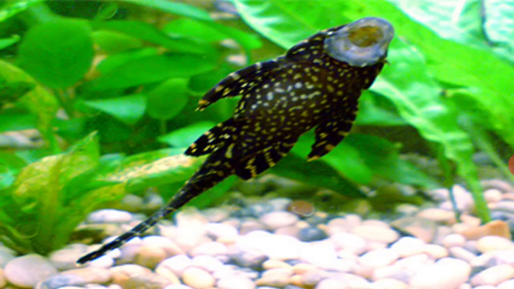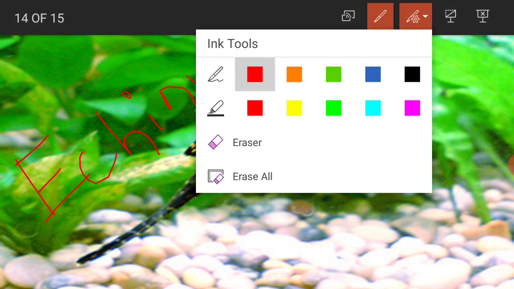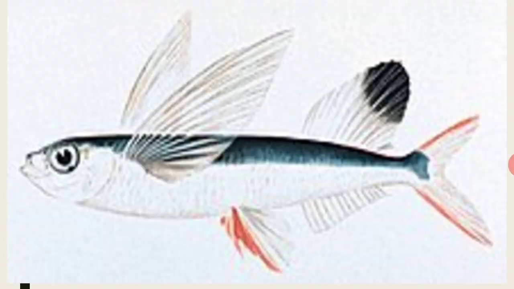And this is a sucker fish, of course. This is one type of sucker fish. Normally sucker fish is technically called Echeneis. So this contains one sucker like structure with which it can attach to the other fishes or other sharks. And this is Exocoetus. So Exocoetus, if you observe, this fish is called flying fish because its fins look like a parachute.